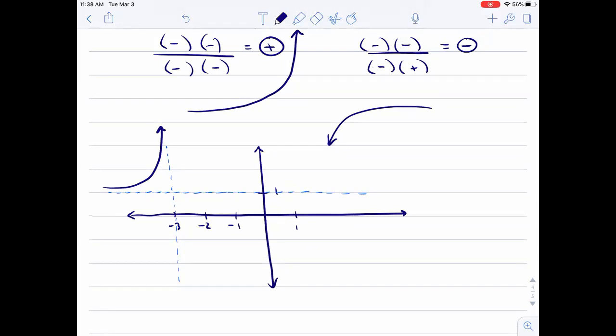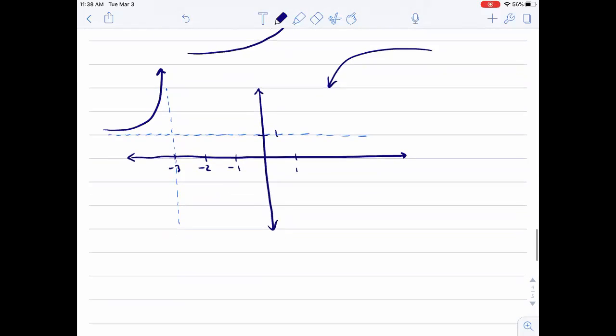And then down here, we have to follow that horizontal asymptote and then curve down towards negative infinity. Remembering that we have a hole at x equals 1, that line is just going to follow this horizontal asymptote until eventually it curves down.